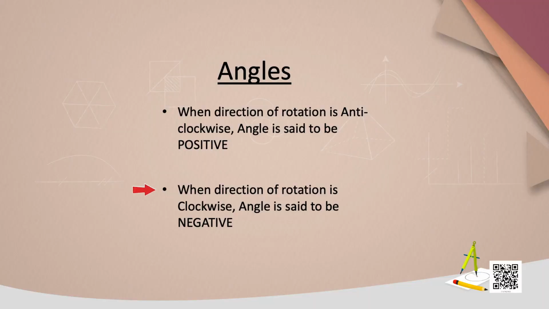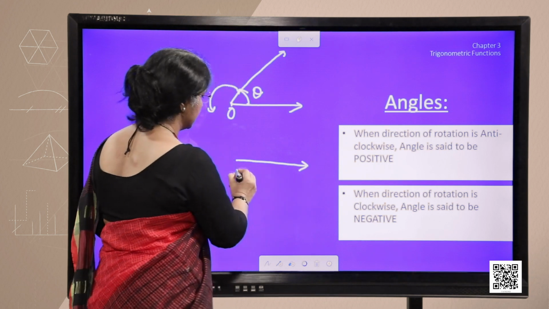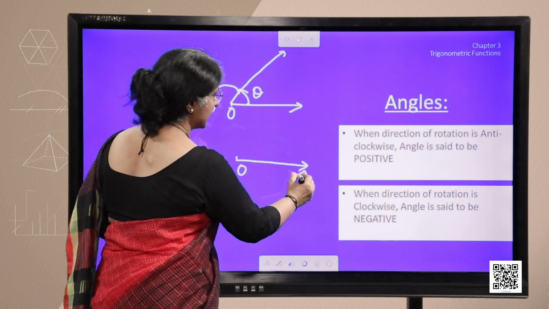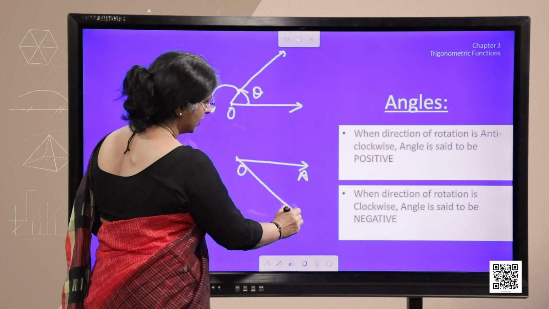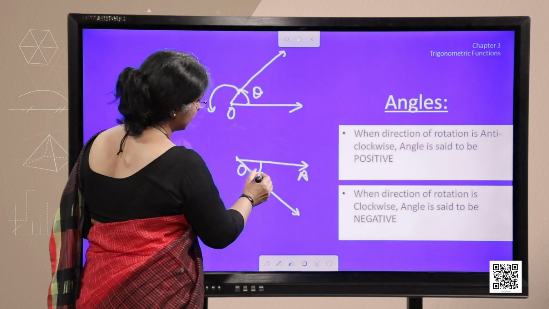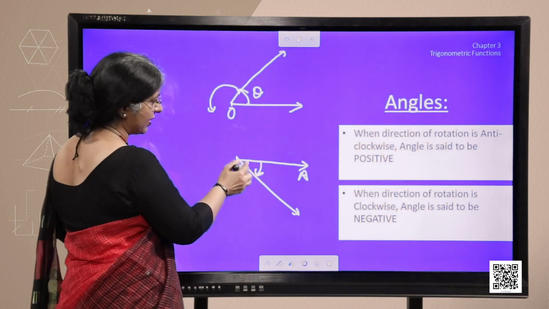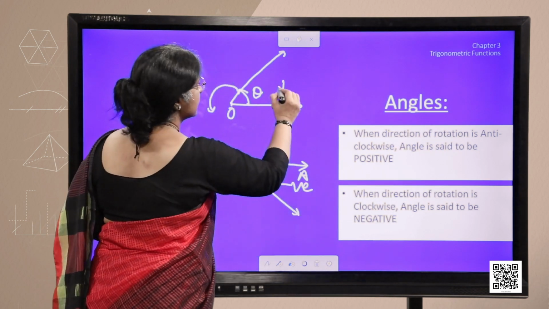Now, when direction of rotation is clockwise, see here, this is vertex, this is our initial ray, and this terminal ray is moving clockwise.